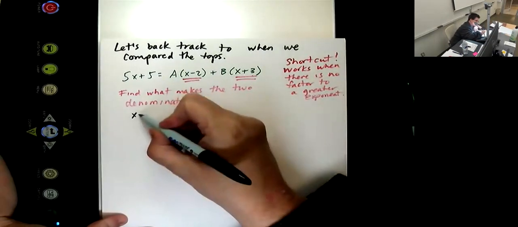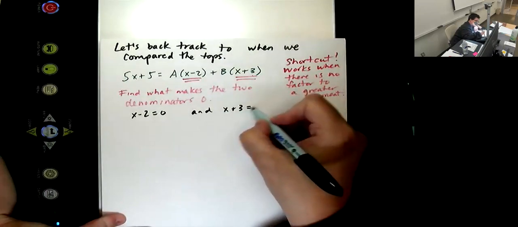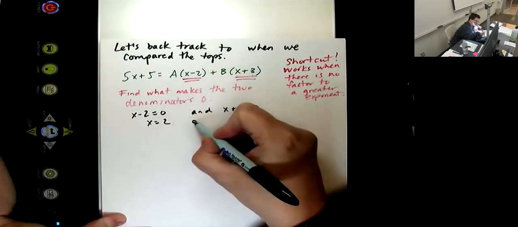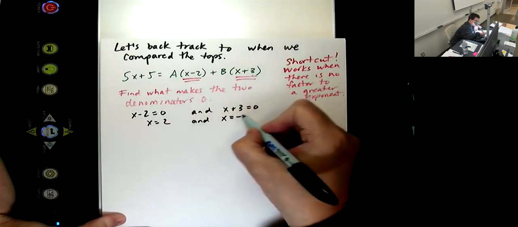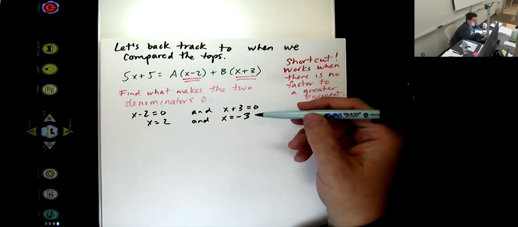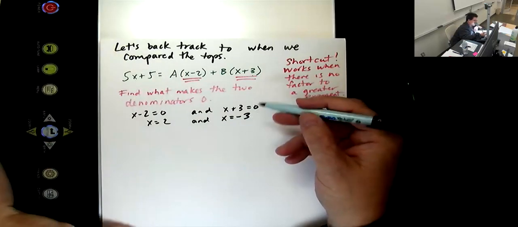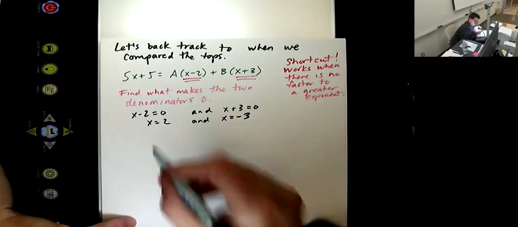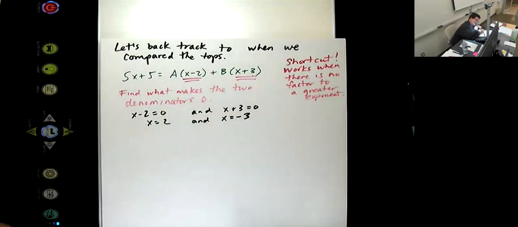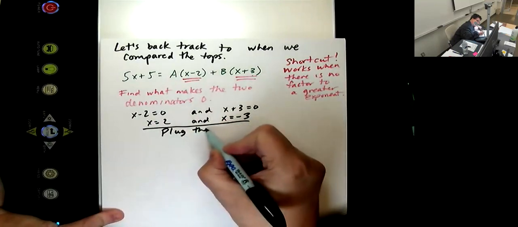So x minus 2 equals 0 and x plus 3 equals 0. I get x equals 2 and x equals -3. I'm only writing out the x minus 2 equals 0 just to point out where I'm coming from. Most people can look at it and go, plugging in 2 will make that 0. Plug these in one at a time.